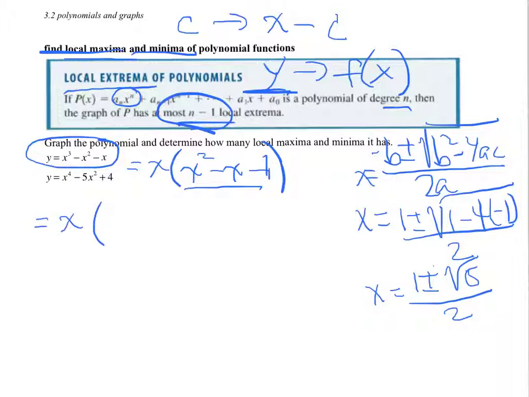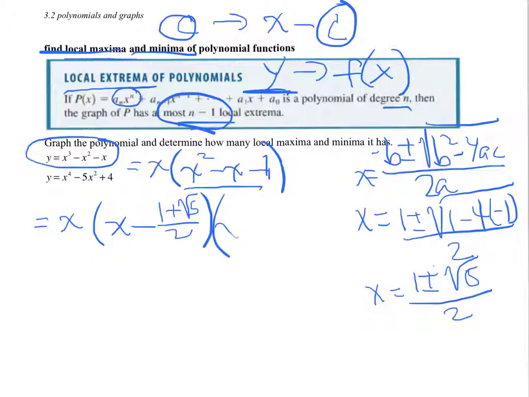X times x minus 1 plus the square root of 5 over 2, because 1 plus the square root of 5 over 2 is a c number, so x minus that c number is a factor. And the other factor is x minus 1 minus the square root of 5 over 2. So we have 3 factors because we have a polynomial of degree 3. That's the maximum number of factors we can have.